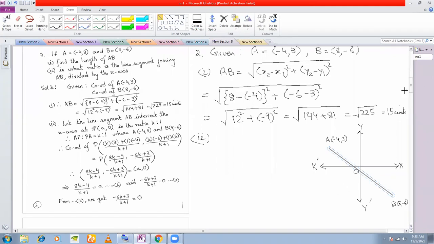Now the question is, in what ratio will this line be divided by the x-axis? So what is the point where this line cuts the x-axis? This is the point.